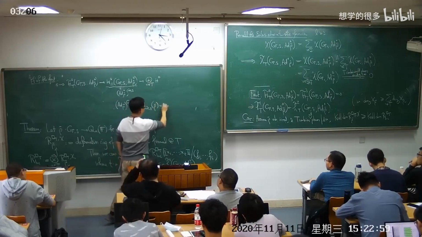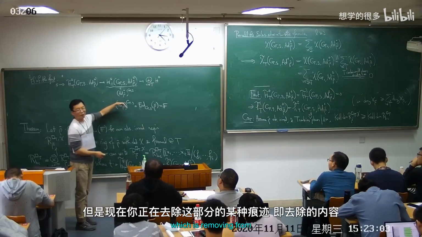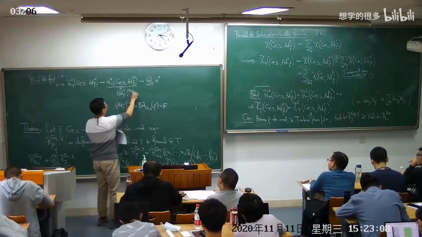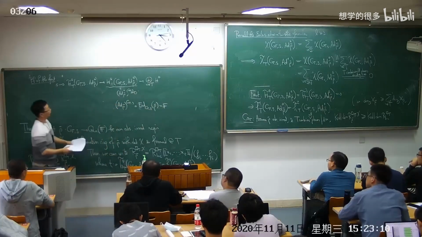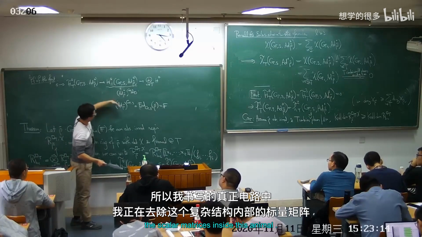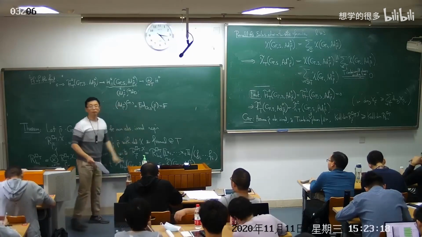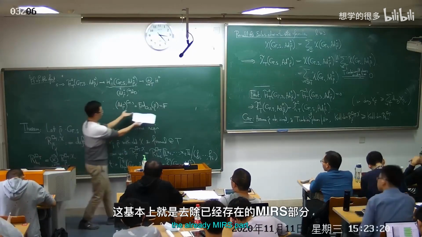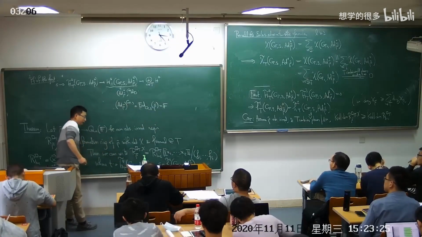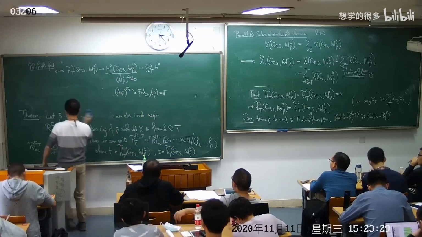So this is F. But now you're removing the trace, which is removing precisely this one-dimensional sum. So this is 0. The reason I wrote circ is I'm removing the scalar matrices inside this endomorphism, so that's basically removing the invariance part. So what's left is 0. That's why H2 is 0.